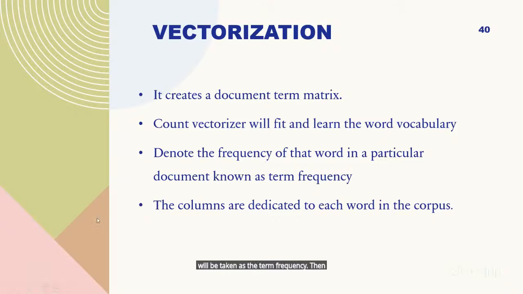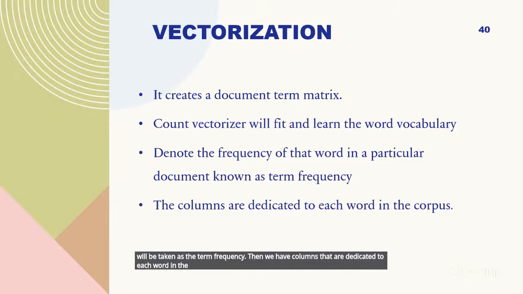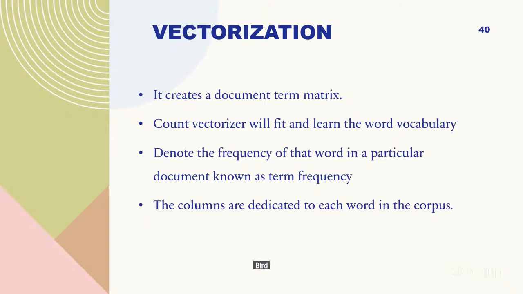Then we have columns that are dedicated to each word in the corpus. This corpus will have words and numbers. Words, how many times each has been used, where it has been used, all these will be given as a term matrix. We will see an example.